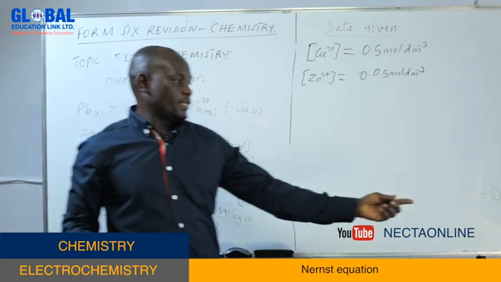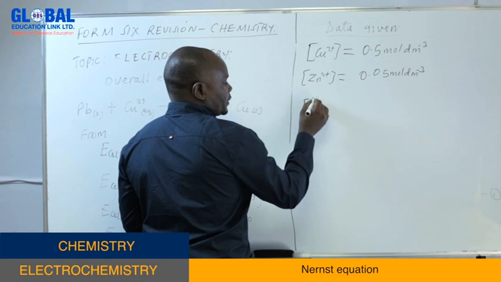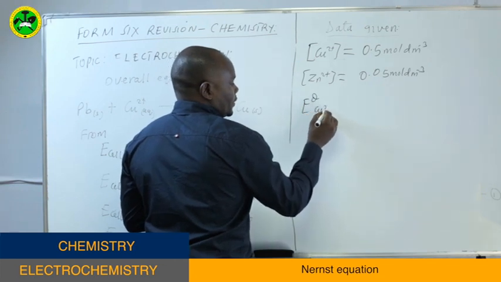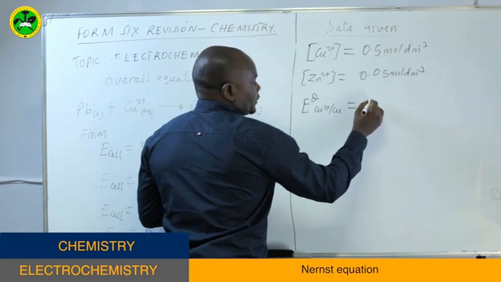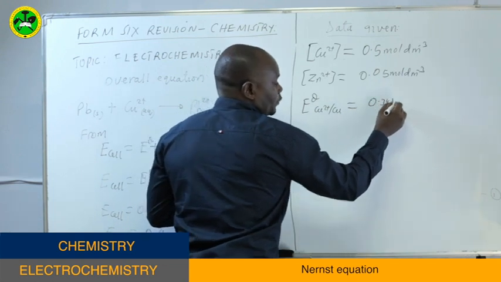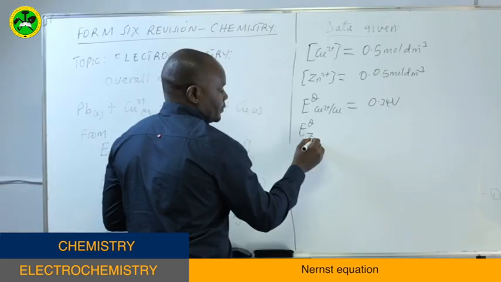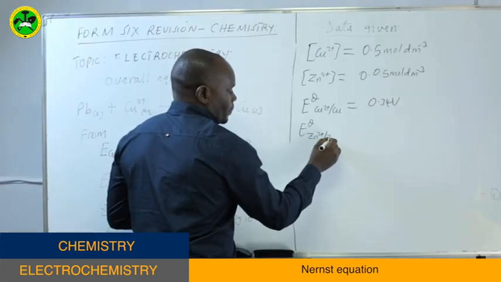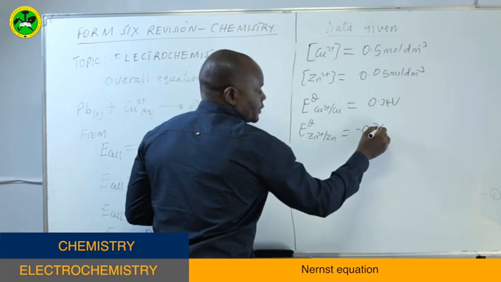But also there are standard electrode potentials given. We have the standard electrode potential of copper, which is equal to 0.34 volts. And we also have the standard electrode potential of zinc, which is equal to negative 0.76 volts.